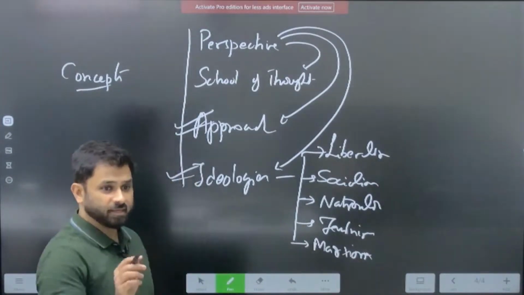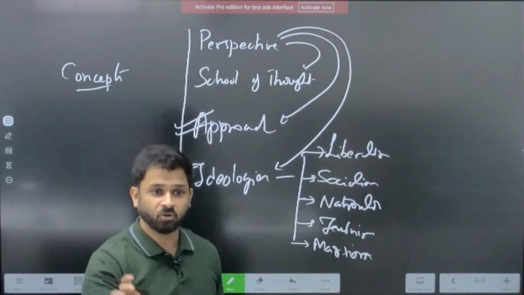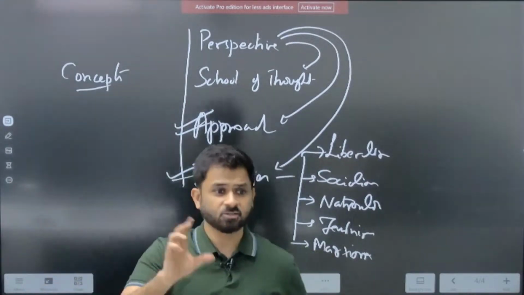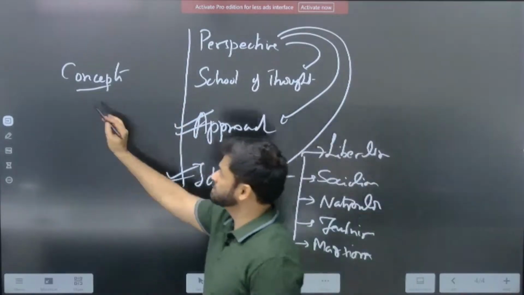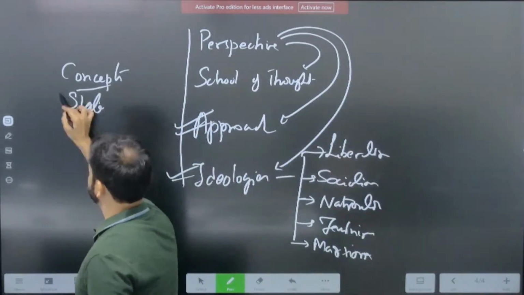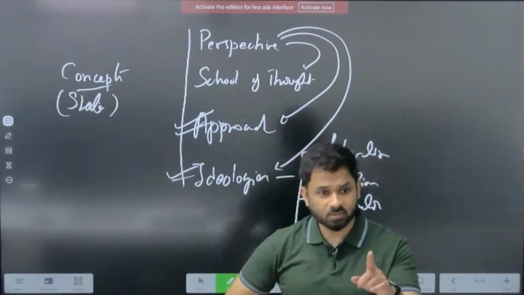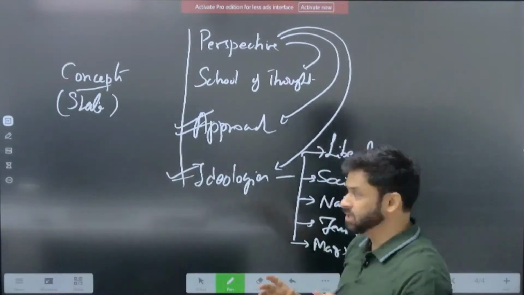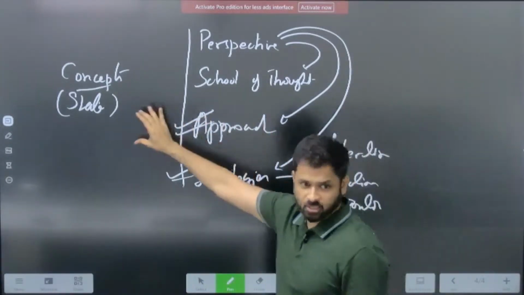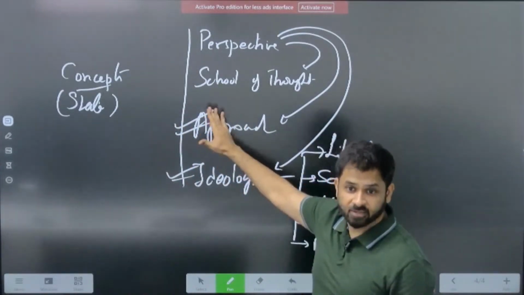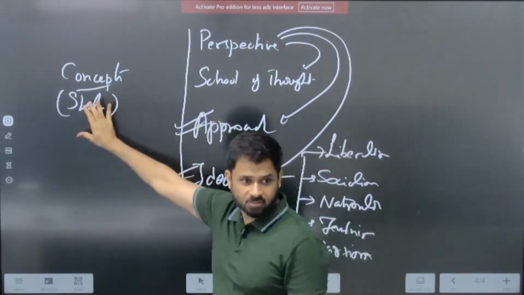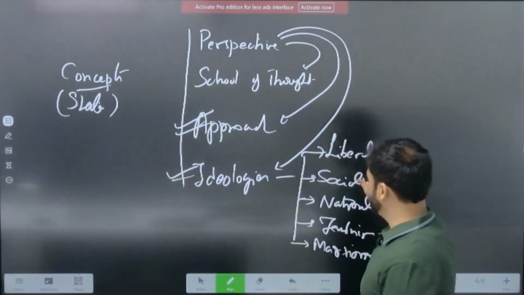Now when you study, there is a topic like the state, theories on the state, okay? So theories on the state means there is a liberal theory of the state, because what is the state? State is a concept, right? So when you are studying the theory of the state, you will look at the state from different approaches, whether sociological, political or scientific, structural approaches, or you look at the state from the liberal idea.